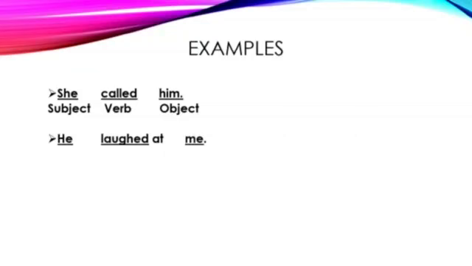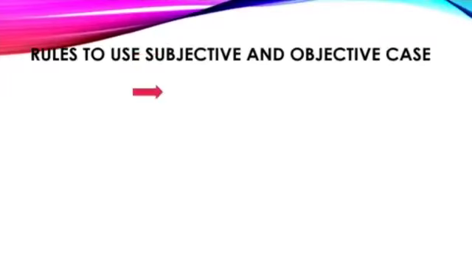He laughed at me, where he is working as subjective case and me is working as objective case. Now there are some rules we need to follow when we are doing pronouns. So first is, whenever there is a word between, we always use objective case of pronoun, right? It will be clearer to you with the examples.